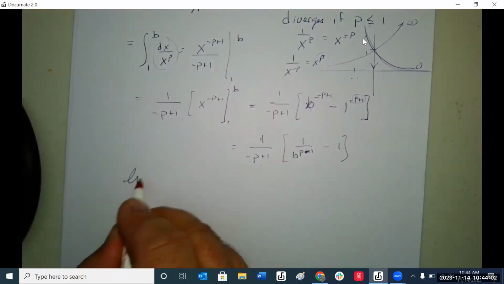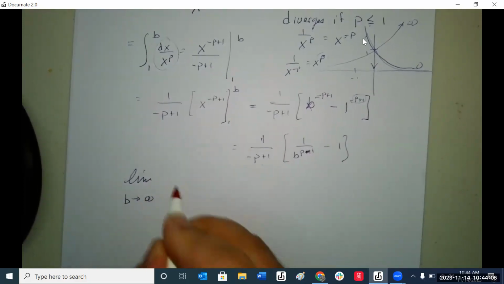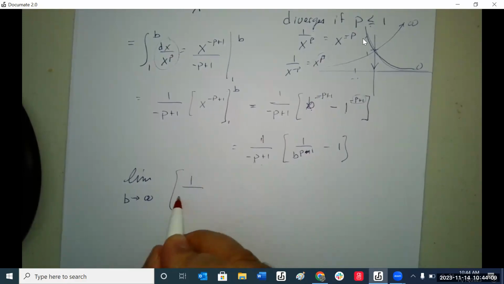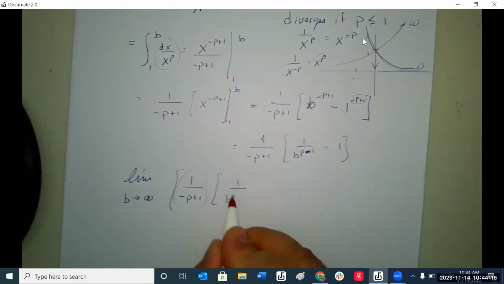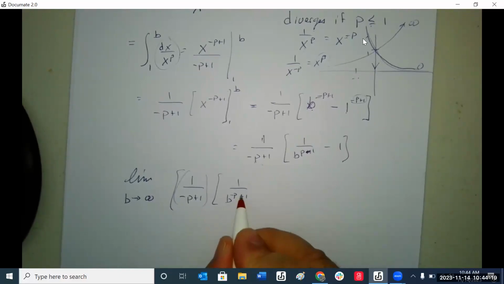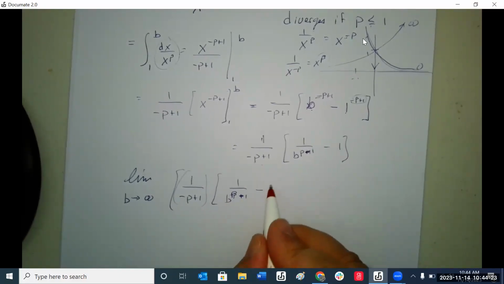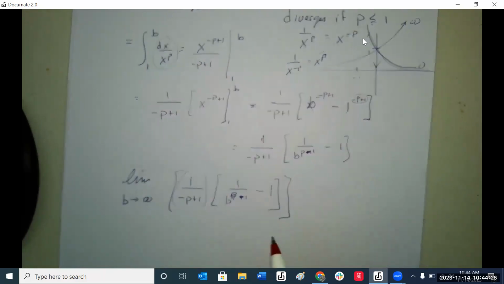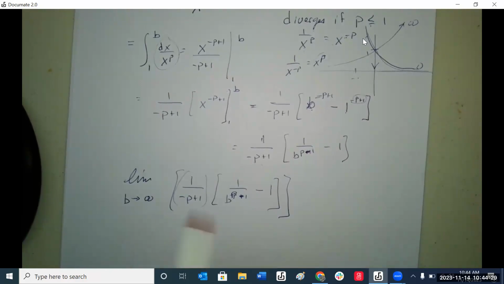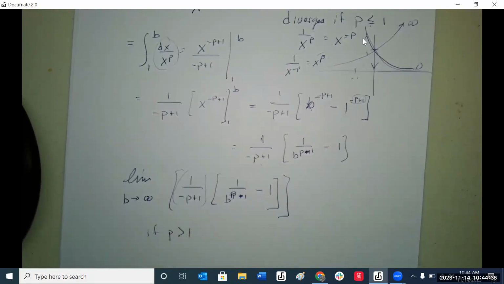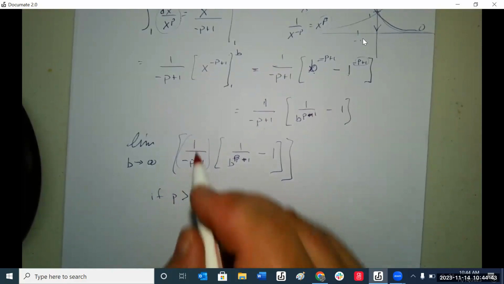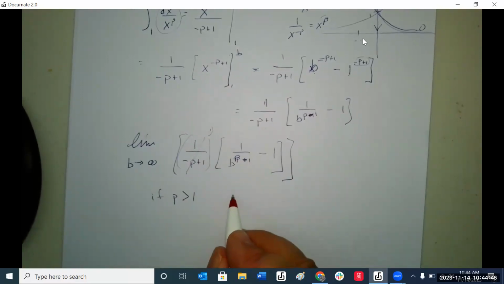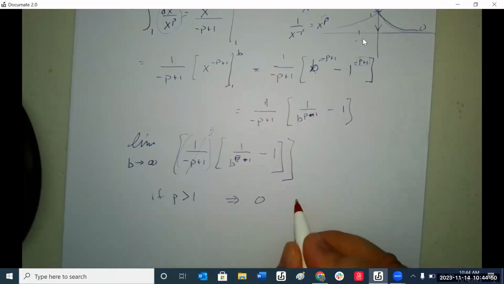So if we look at this, as b goes to infinity of one over b to the negative p plus 1, minus 1: if our p-value is greater than 1, then this number gets bigger and bigger and bigger, so the function goes to 0. It converges.